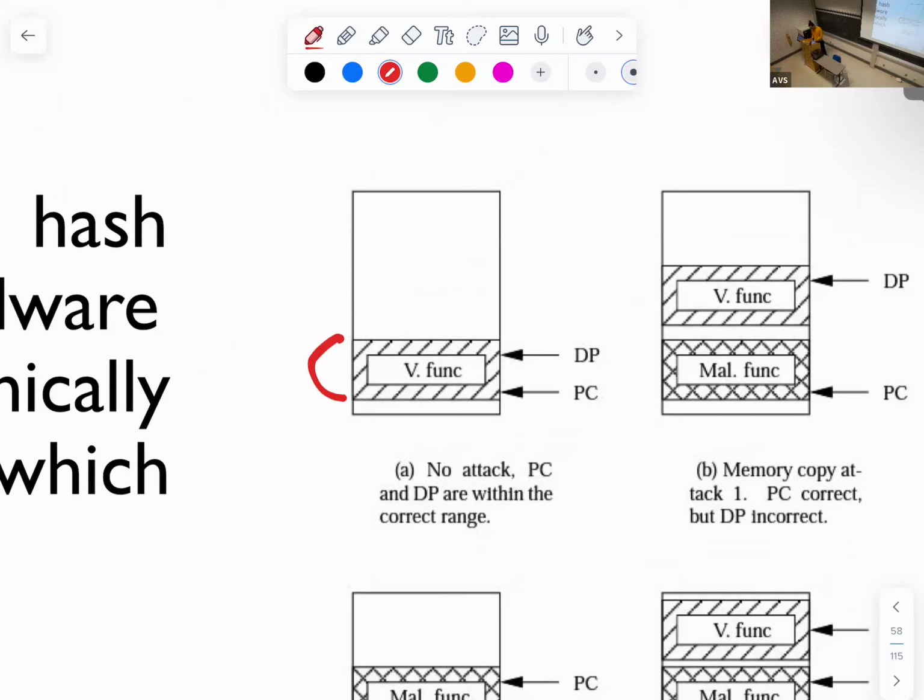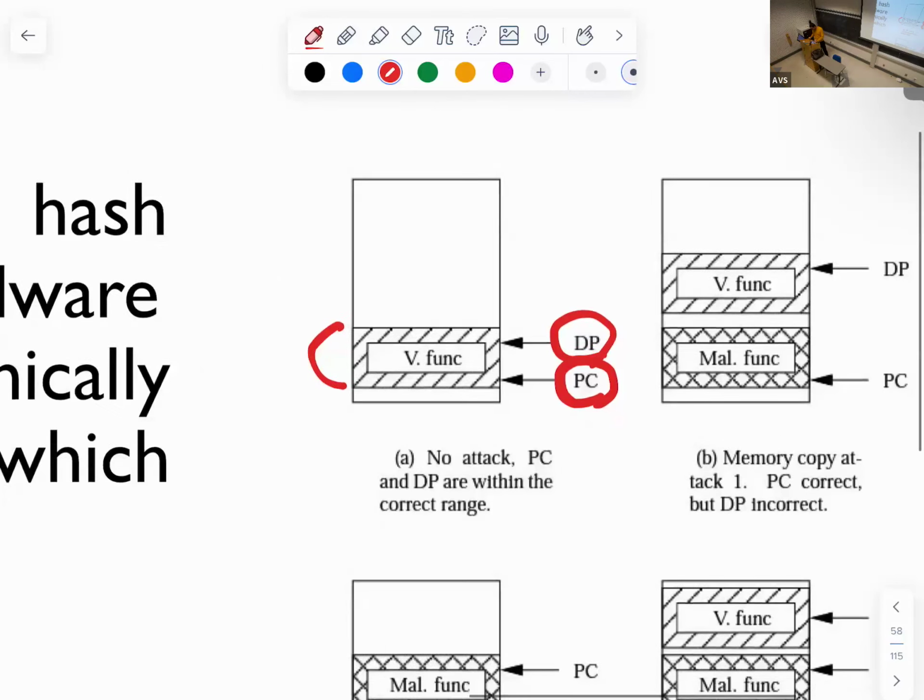In other words, my program counter and my data pointer, which is the address that I'm reading the memory from, are pointing to the exact same place, which is indeed the verification code. So I read from the verification code, I run the actual verification code, and I'm good to go.